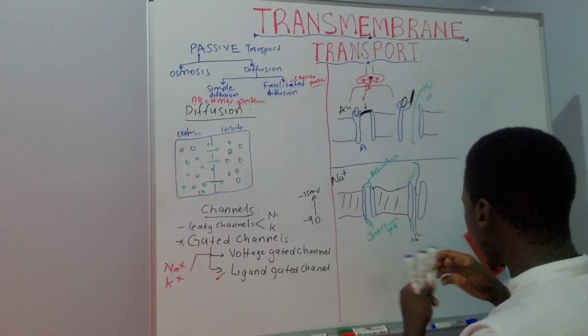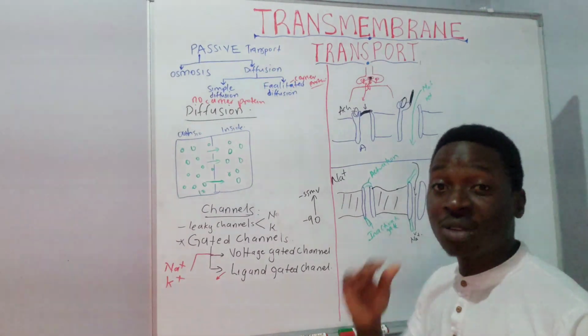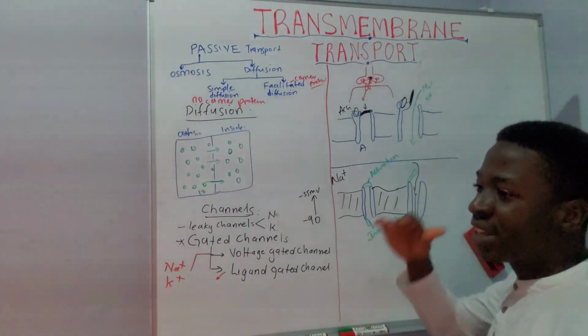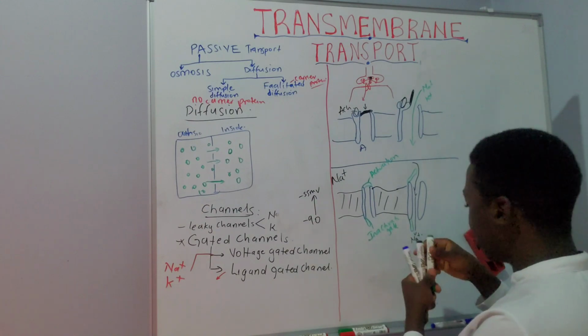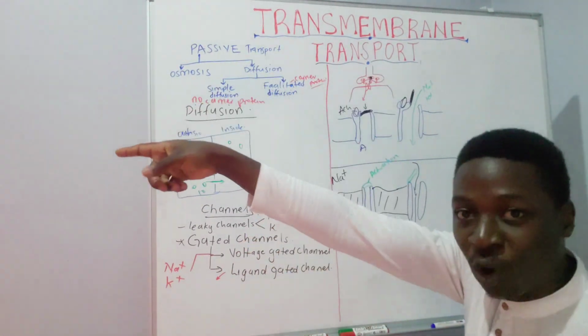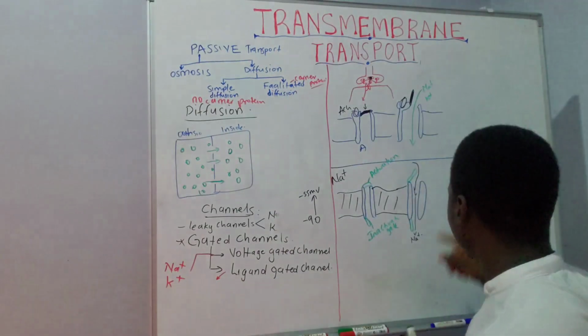And then when the action potential has reached the peak, as we shall see in our next discussion, the inactivation, usually they say the channels of sodium close, then we start having opening of channels of potassium. But this is what happens.